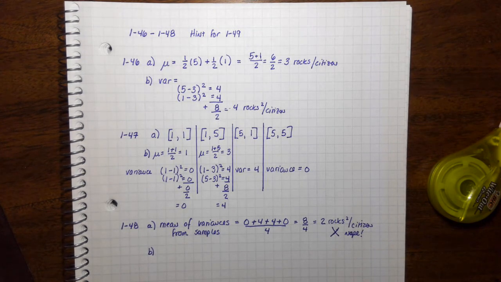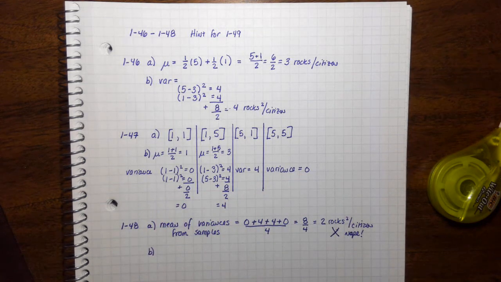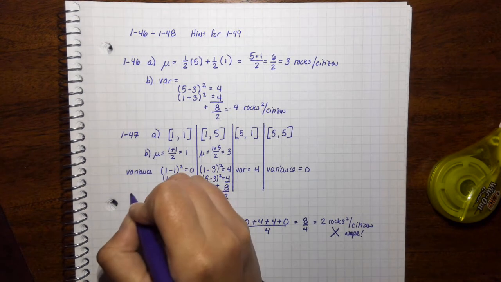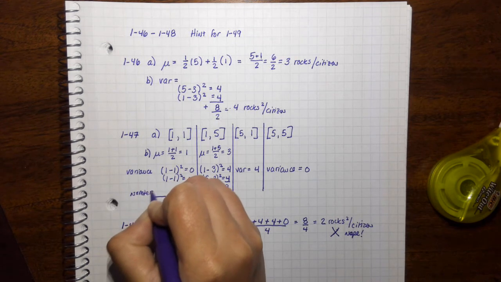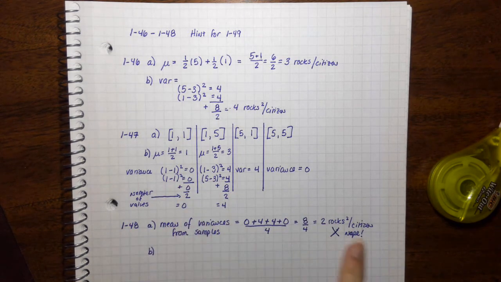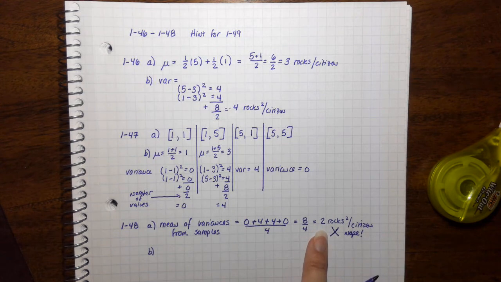There are 2 different types of variance and 2 different types of standard deviations. What we calculated was the population variance, and the reason was because we divided by the number of values. Notice it did not get us the correct answer though. The answer was 4 for the population. We got 2, which is wrong.